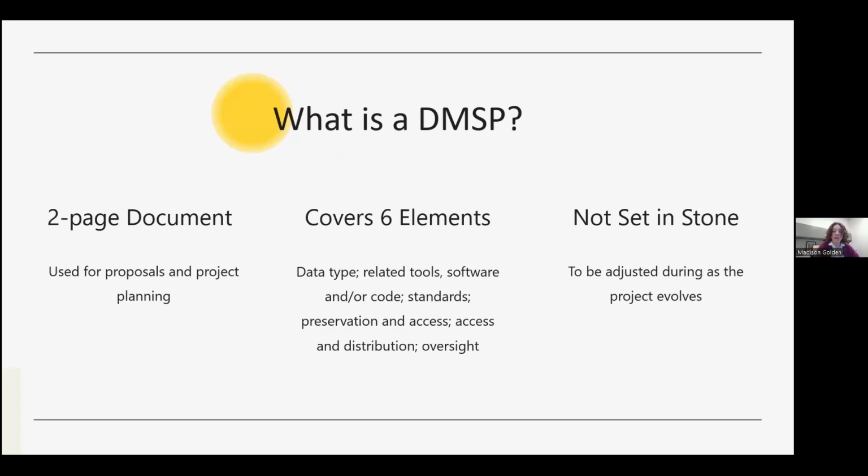Although they do vary in length, they are always submitted as part of a grant proposal, so it'll be reviewed but not scored in a grant review process. The plan covers 6 elements: data type and description, related tools, software, and code, standards, preservation and access and distribution, and oversight. I'll spend the next slides going into detail on each one of these sections.